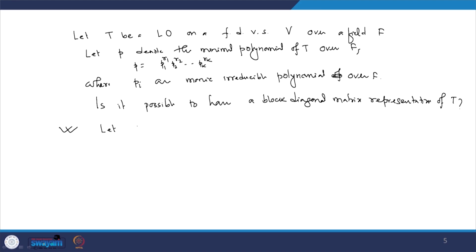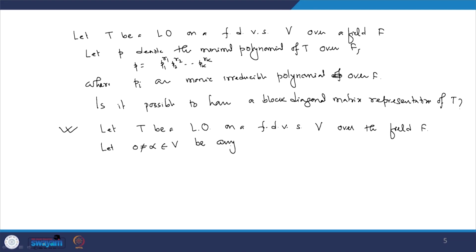Let T be a linear operator on a finite dimensional vector space V over the field capital F. Let 0 not equal to alpha belong to V be any element.